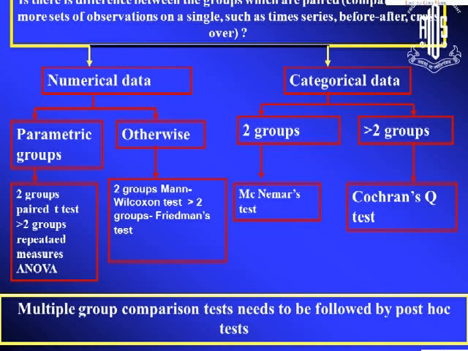Suppose there are three groups, A, B and C. Based on the type of data you have, they should have performed either ANOVA, repeated measures ANOVA, or Friedman's test, whatever applies. But what they do is a paired t-test between A and B, between B and C, between A and C, and then say all significant or all non-significant, which is incorrect.